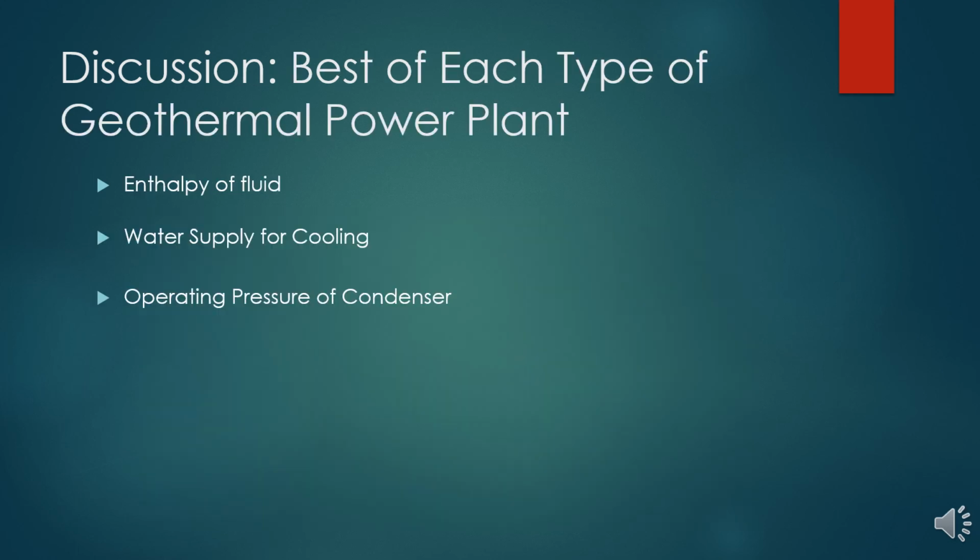This section will examine what factors cause a certain geothermal power plant to operate at a high efficiency, energy output, or reduced mass flow rate of cooling water. The first factor which causes an increased efficiency is the enthalpy of the fluid in the well. The greater the enthalpy the fluid of the well can be extracted at, the higher the input energy.